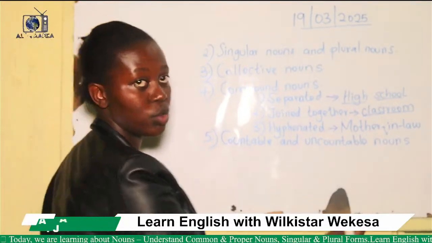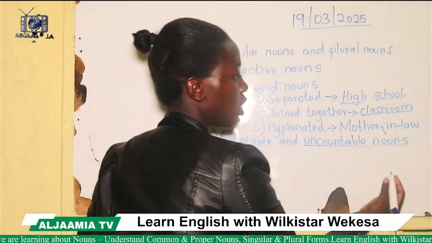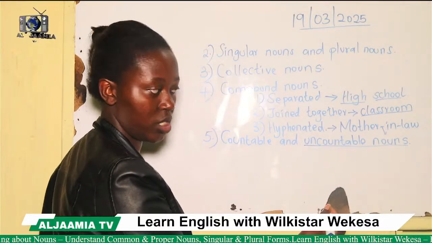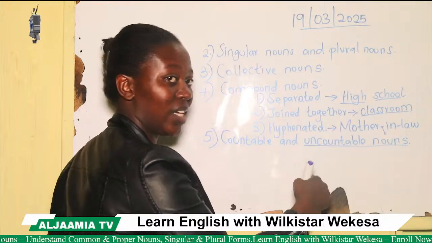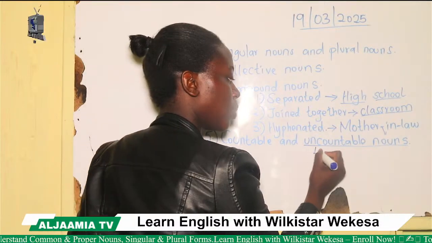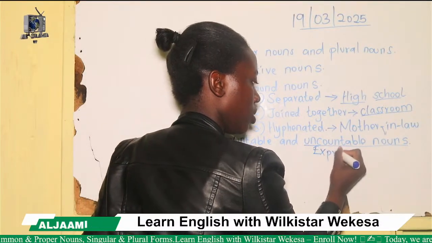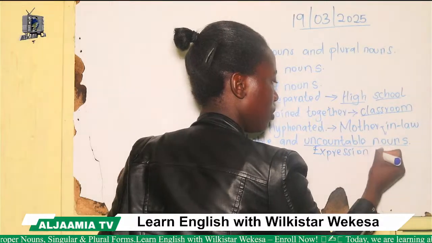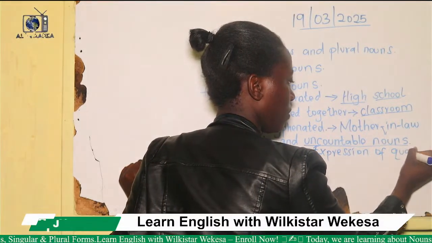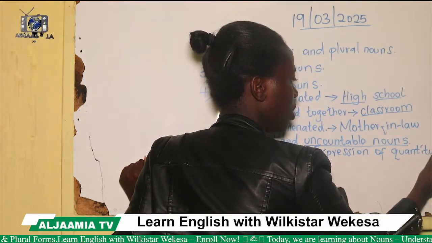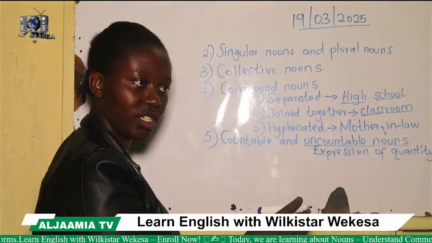But there is a way that you can count these uncountable nouns using expressions of quantity. If you want to count the uncountable nouns, we will use expressions of quantity.